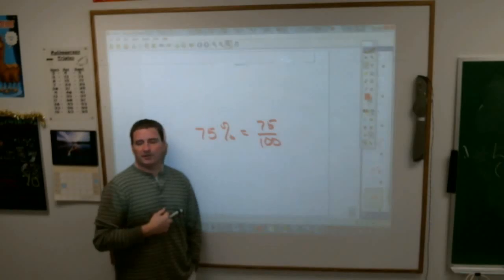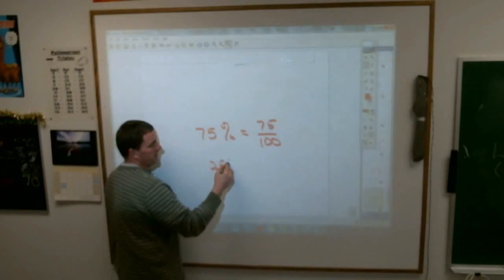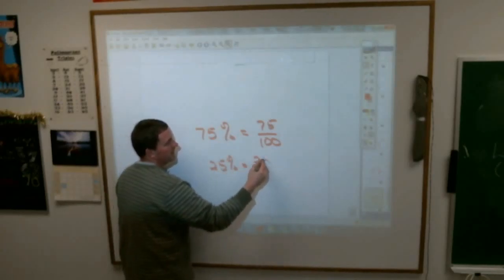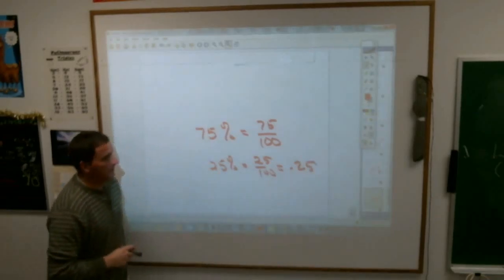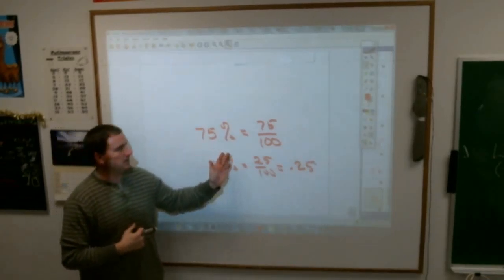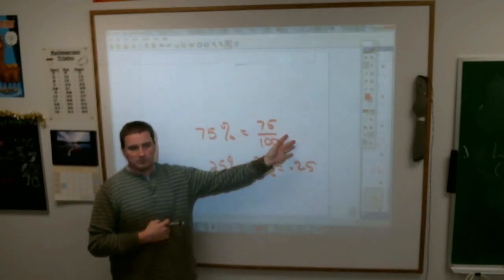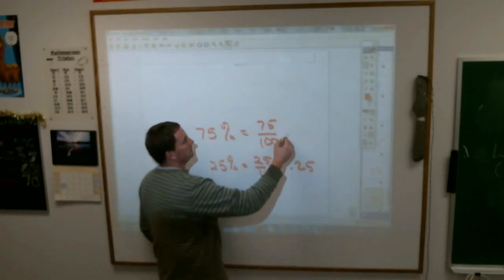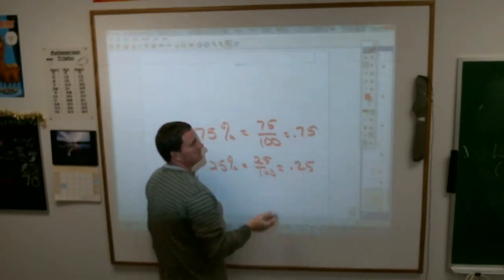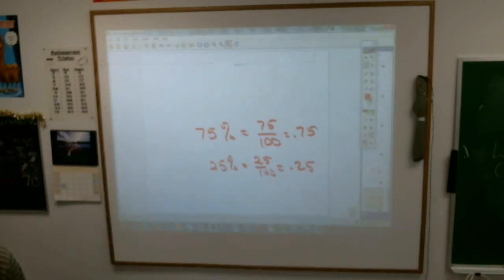If 25% is 25 over 100, which was our quarter, 75% is 75 over 100, which is what decimal? Brooklyn? 0.75. Yeah, see how they're all related? It's all pretty simple.